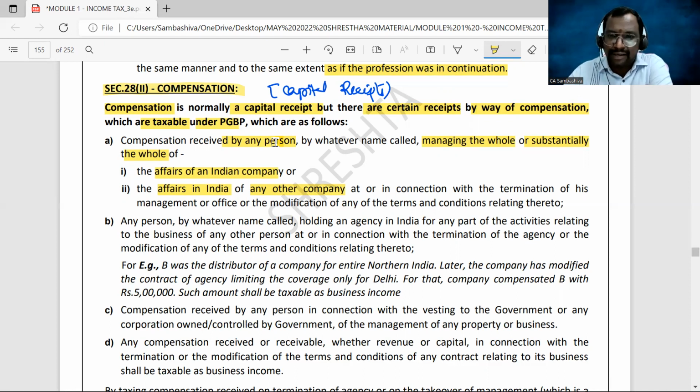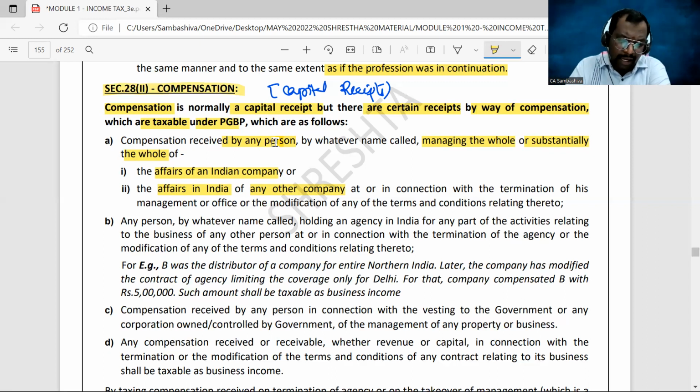So then they terminated the contract by giving you a certain compensation, and that compensation is taxable under the head PGBP. See, if the relationship between you and the company is an employer and employee, that will be taxable under the head salaries. That is why I've said at the beginning, you are not an employee of that particular company. You got that contract on outsourcing basis, right?